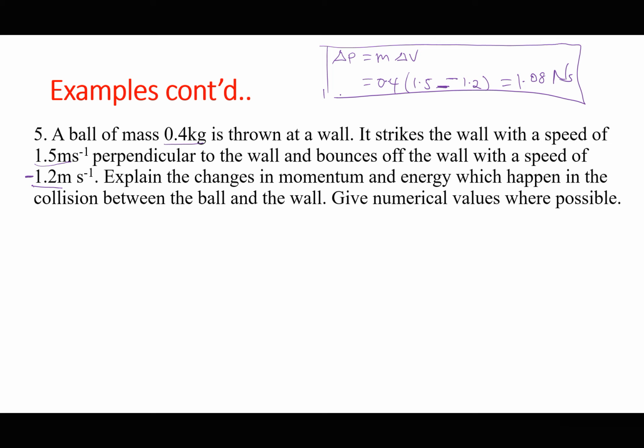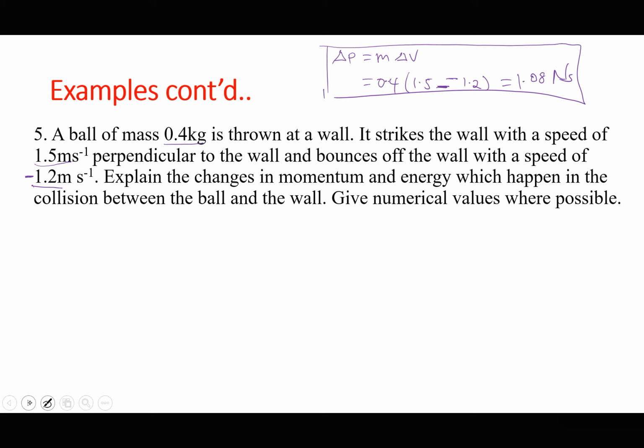But if I consider the total momentum of the ball and the wall before collision and total momentum of the ball and the wall after collision, of course the momentum must be conserved. If I consider the ball and the wall as an isolated system, there's no change in momentum. But if I consider the ball alone, there's a change in momentum.